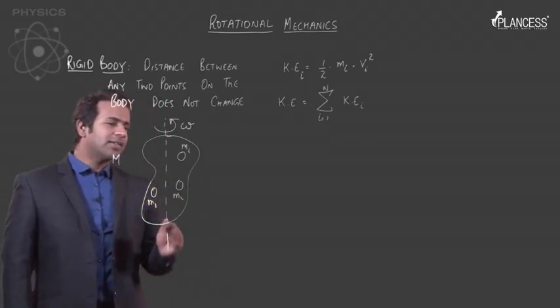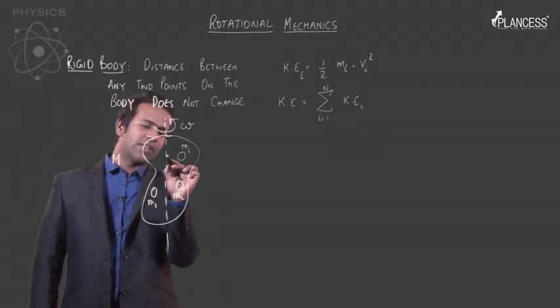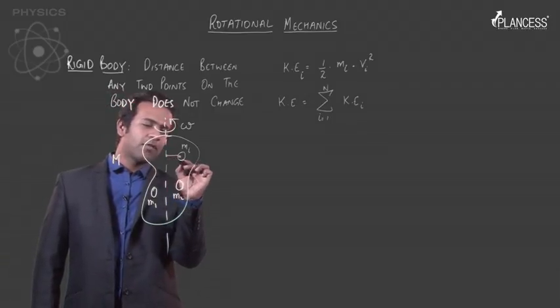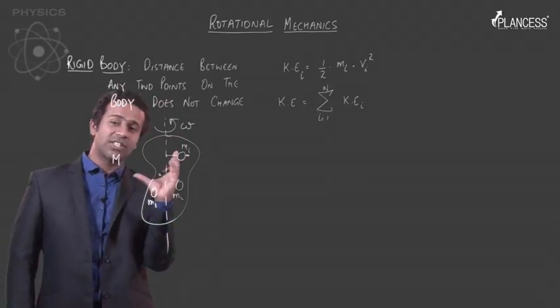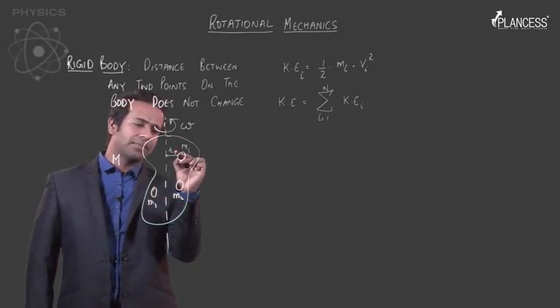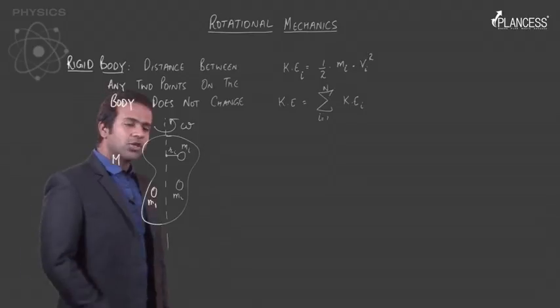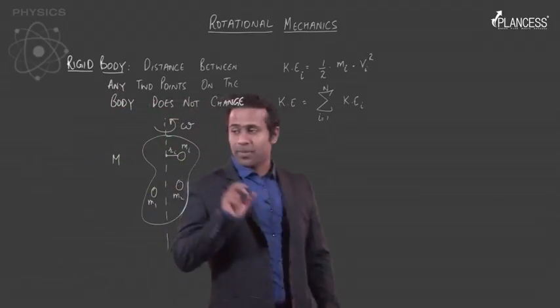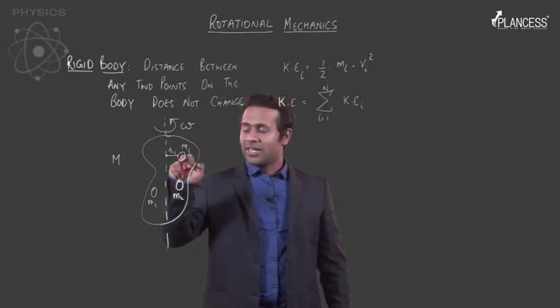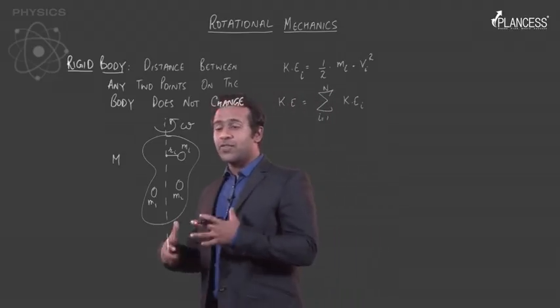So let me say that the perpendicular distance of this ith body from this axis about which it is spinning is Ri, right? So Ri is the distance from this axis of this ith particle of which we are assuming the body is made, right?